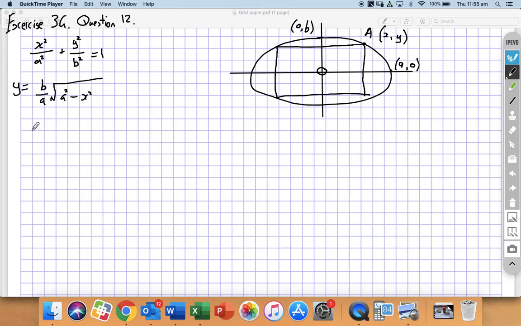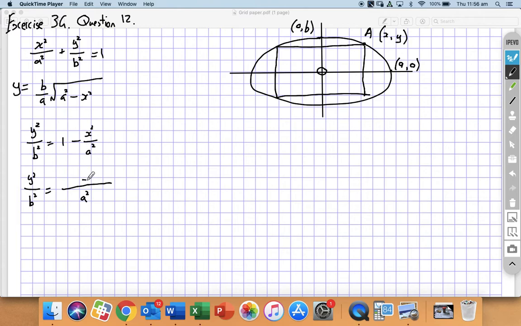Let's start like this. y squared on b squared equals 1 minus x squared on a squared. Is it worth going to a common denominator? Probably. So let's go y squared on b squared equals, so the denominator is going to have to be a squared.